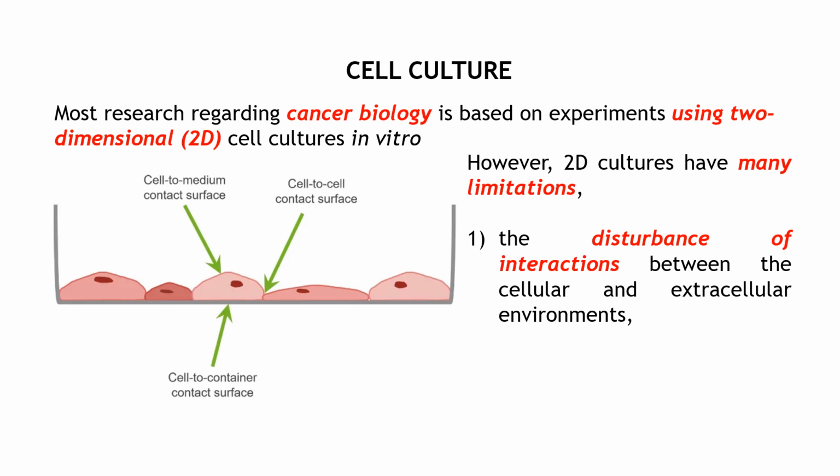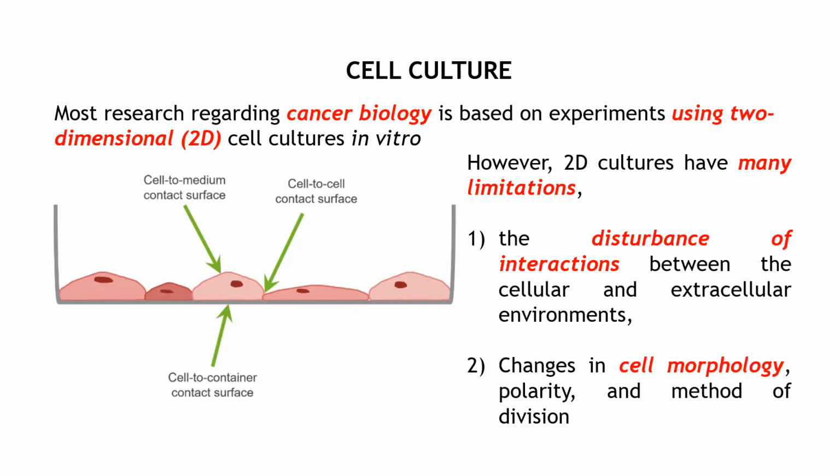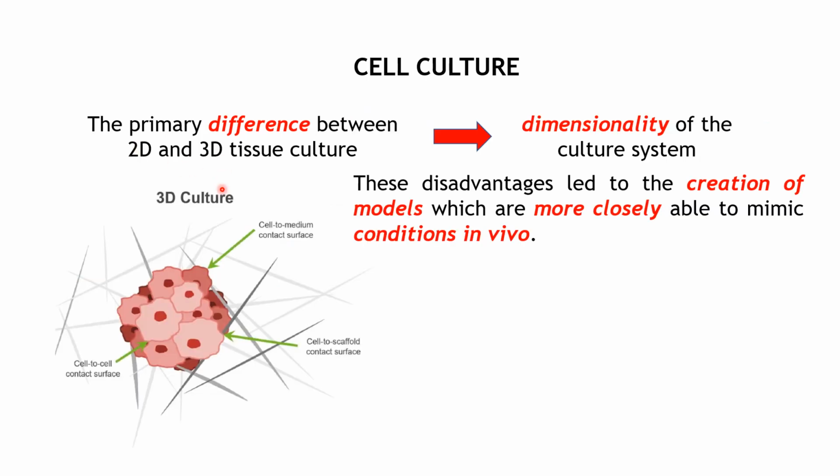You have interactions with the extracellular matrix, and as you change the morphology, this can create some bias. To solve these problems, the main difference, remember, is the dimensionality. You can have the cells in an extracellular matrix, and here the tissue can grow more similar to what happens in the in vivo case.